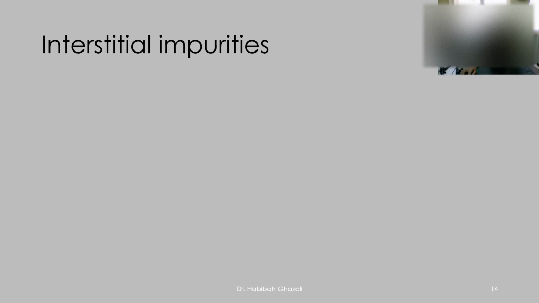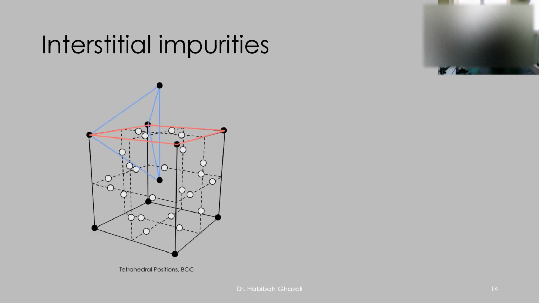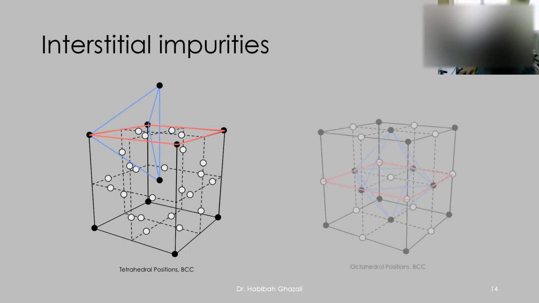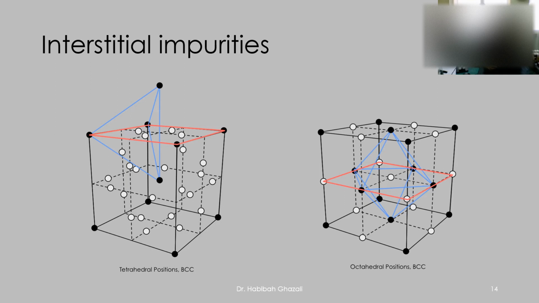For example, in a BCC crystal structure, the impurity atom can reside in the tetrahedral position. The white ones are where the atom can reside, in between the atoms. For FCC, you can see that this is wrong, and I have to correct this in your slide as well.